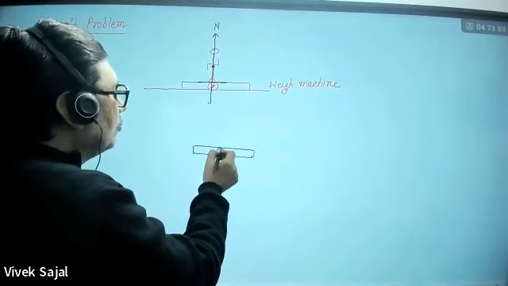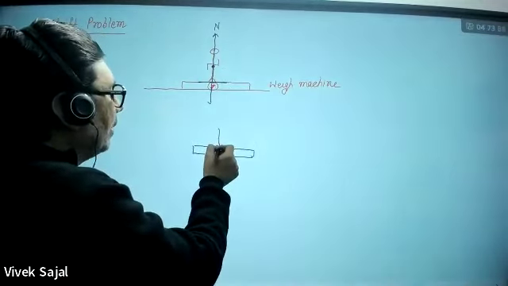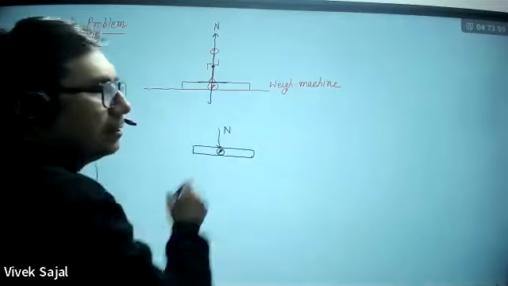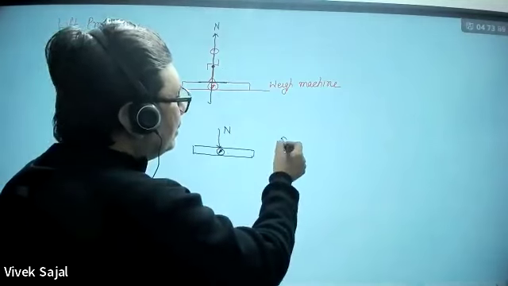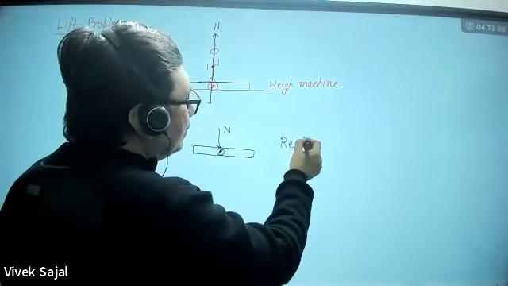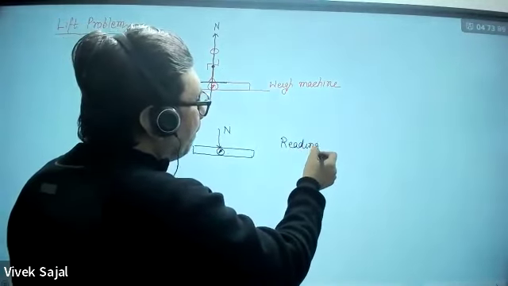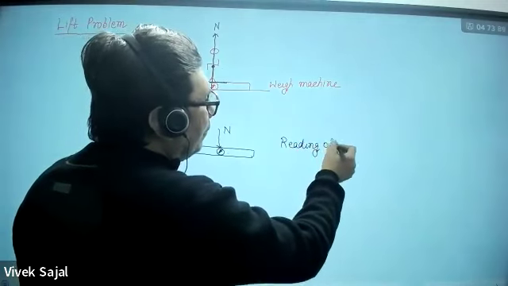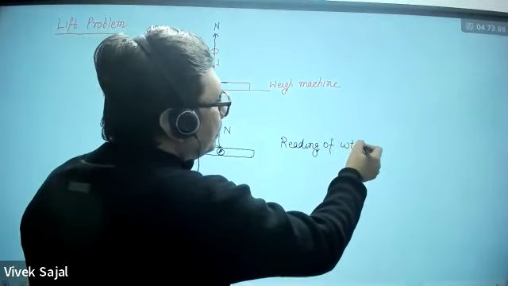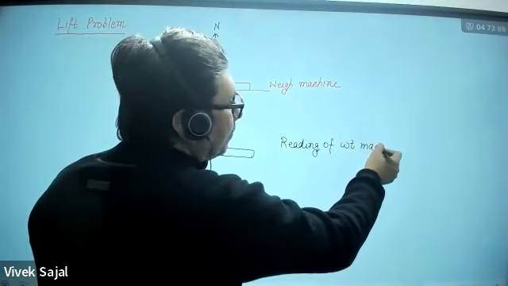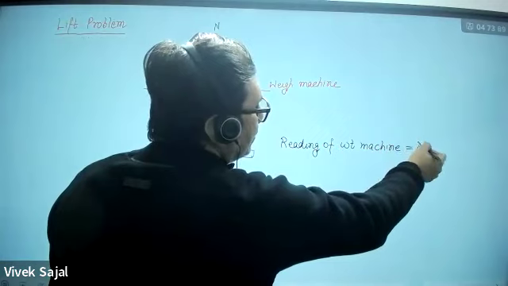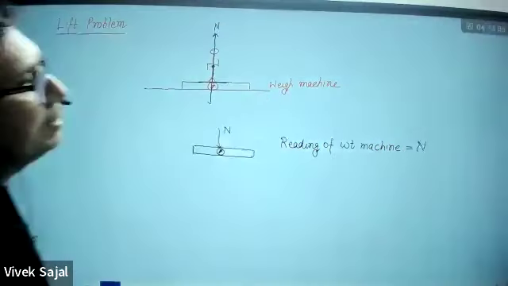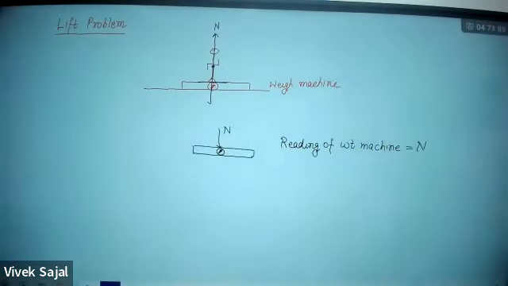It observes this person by this normal reaction. So what will be the reading of the weighing machine? The reading of the weighing machine is equal to the normal reaction.